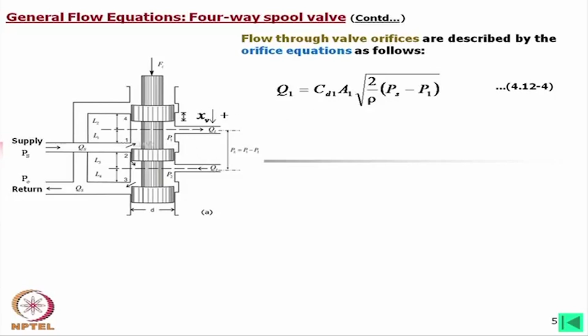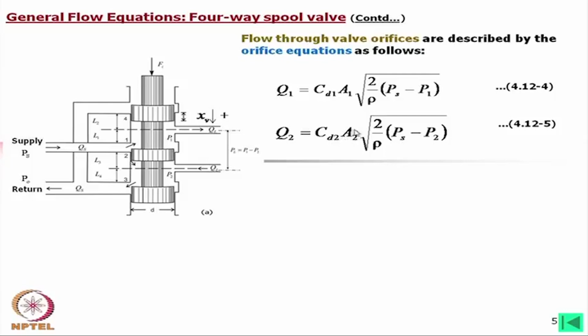This area I shall describe a little later. Not only this opening, we have to consider the width also, then we will find the area of this orifice, and then this is the system pressure, and P1 is the pressure here. So, we get this equation. Similarly, Q2 will be CD2 A2 root of 2 by rho Ps minus P2.